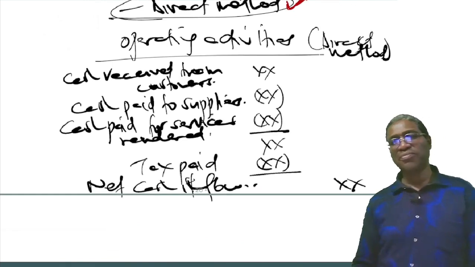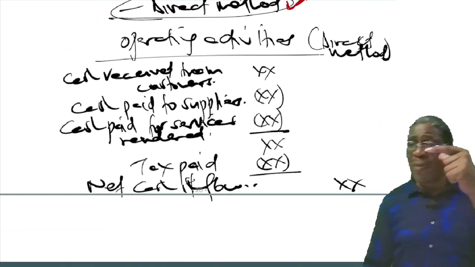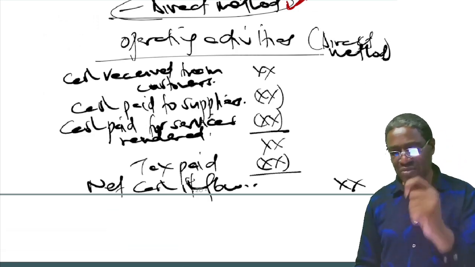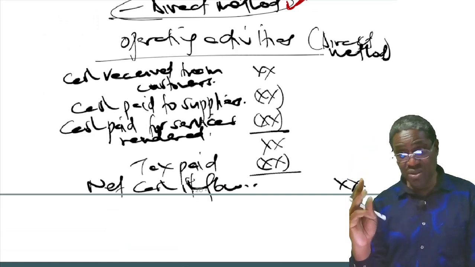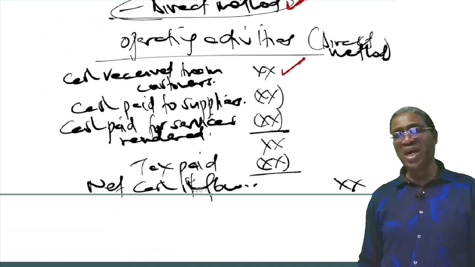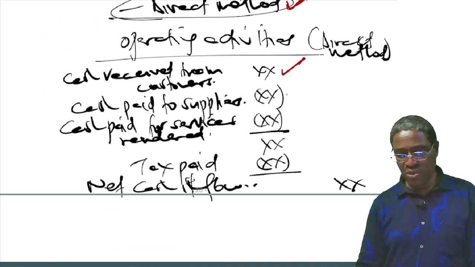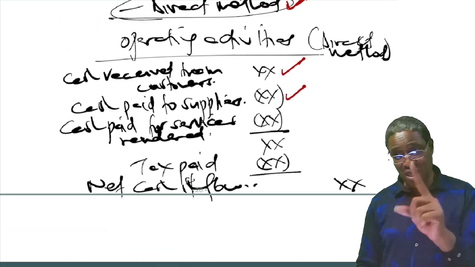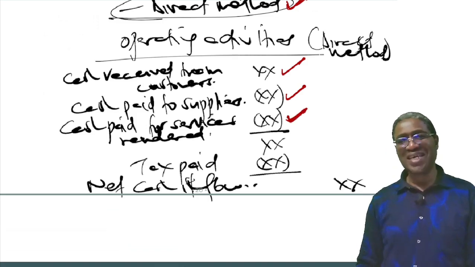When you are required to determine the cash flow from operating activities using the direct method, you only need 3 figures. We wrote them down. One is the cash received from customers. 2 is the cash paid to suppliers. 3 is the cash paid for services rendered.